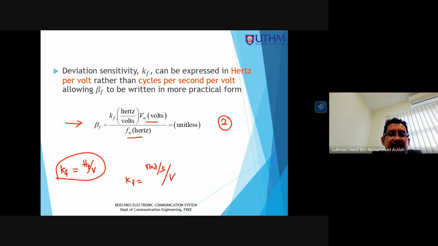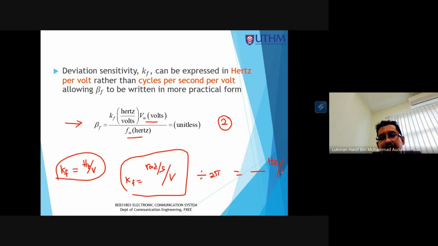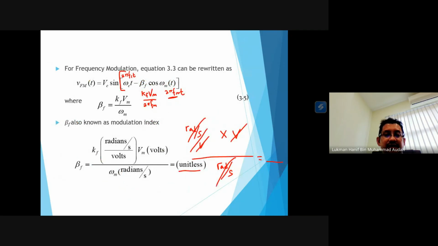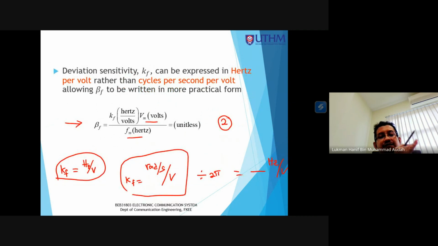Radians per second per volt, if you divide with 2 pi, you get a value in terms of hertz per volt. So this is actually similar to the previous one. It's not different, because the Kf parameter divided by 2 pi is in terms of hertz per volt.